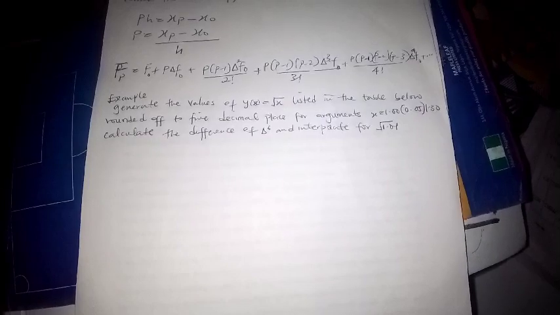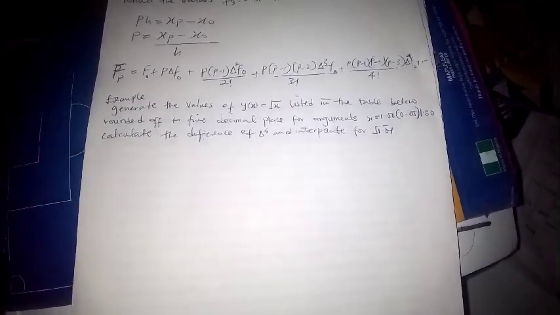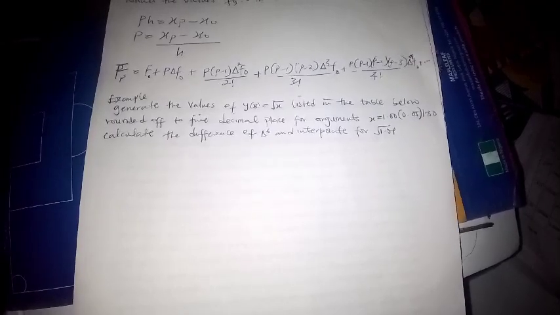Calculate the differences up to delta 6 and interpolate for the square root of 1.01.